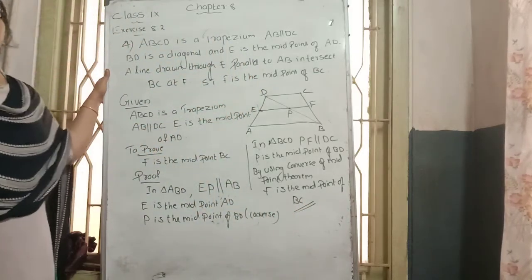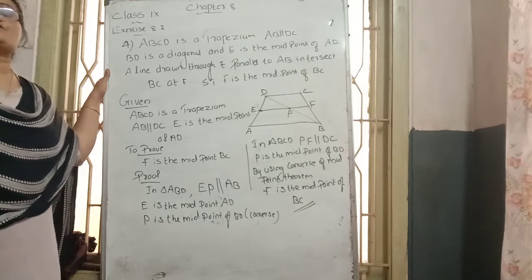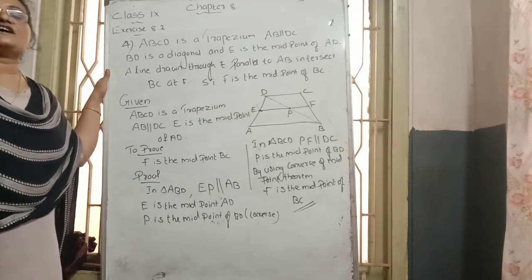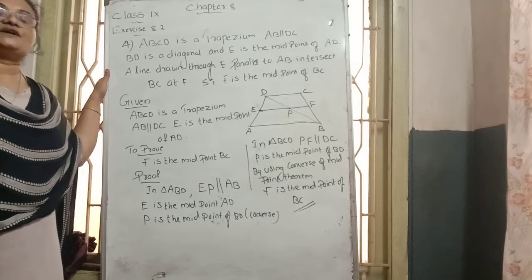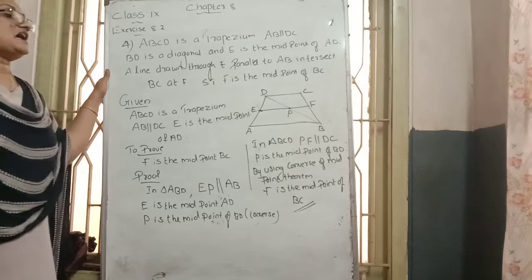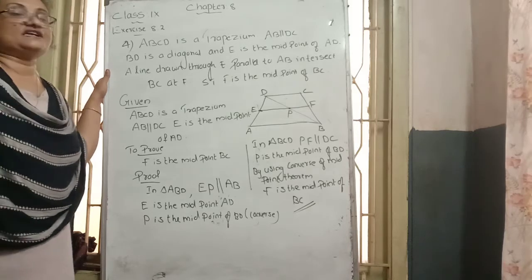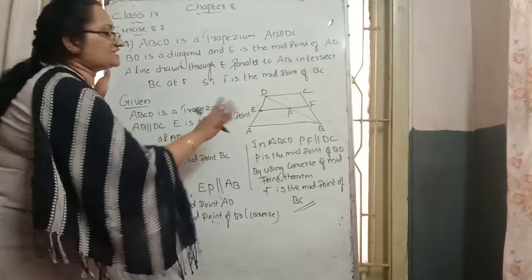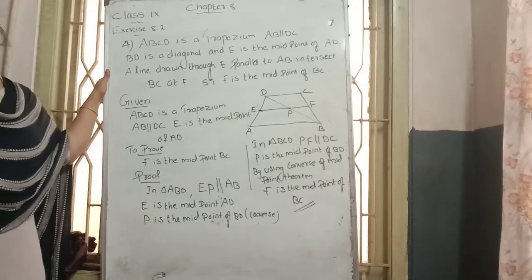Hence we prove that F is the midpoint. How to prove? By the converse of the midpoint theorem, F is the midpoint of BC and P is the midpoint of BD. Already we know that E is the midpoint of AD, as given in the question.